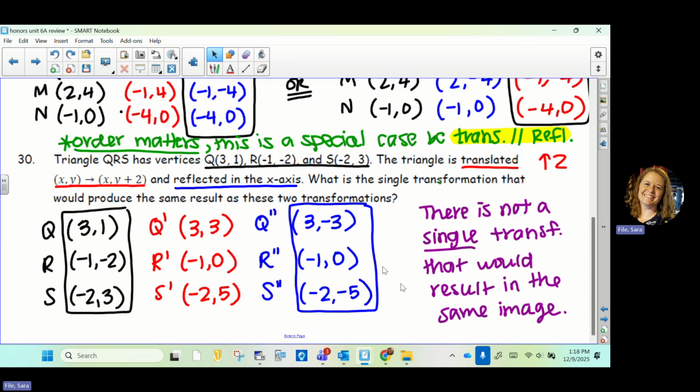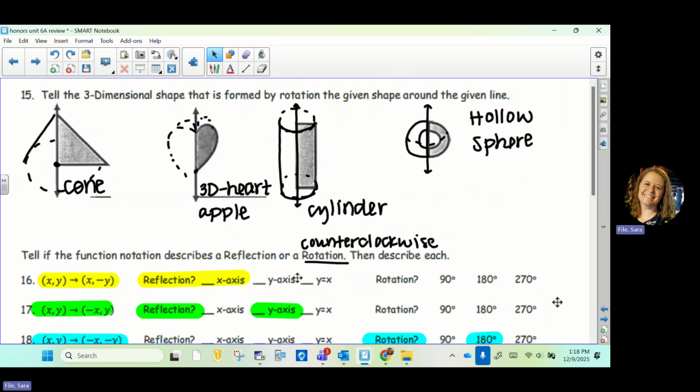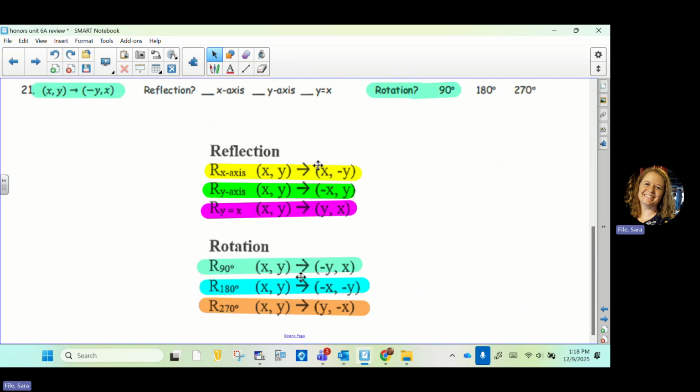Remember, reflecting over the X, if we go back and look at the rules, remember these are the rules that you're going to be given. If I reflect over the X, see how the Y changes sign? And then I reflect over the Y, the X changes sign. So if I did both reflections, I did a composite and I said reflect over the X and the Y, wouldn't both signs end up changing?